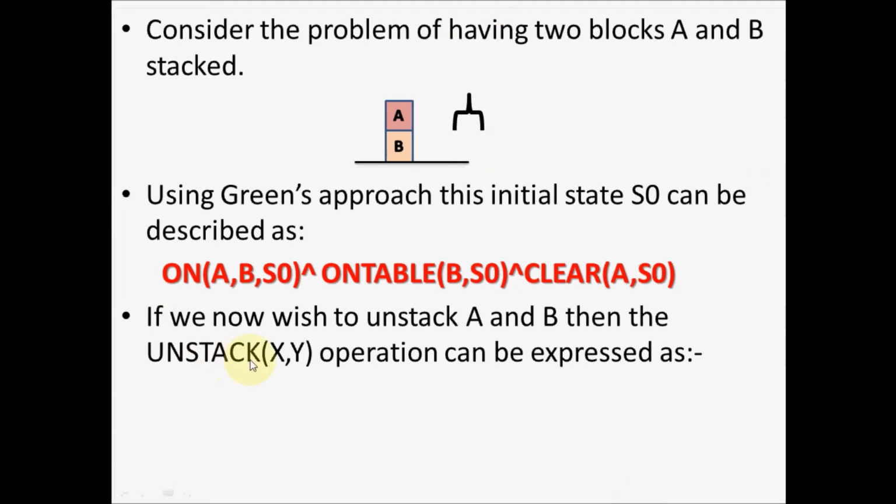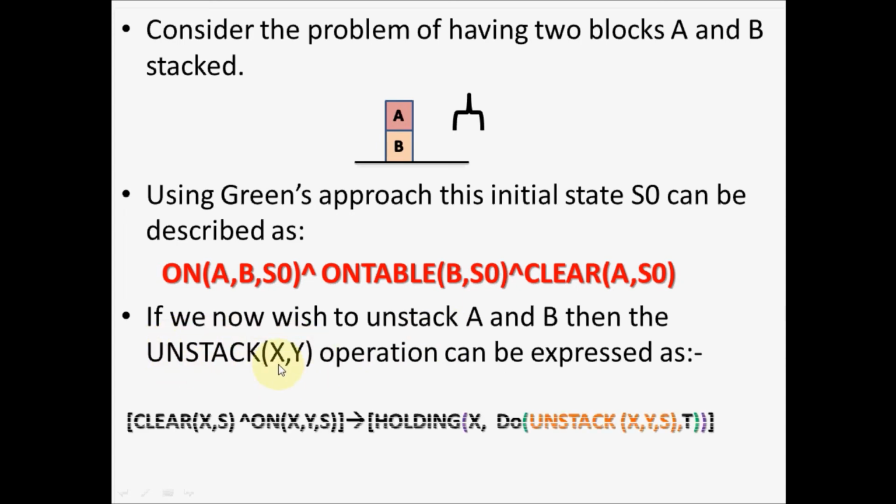Example, unstack x comma y. Now x and y are general variables. At any point of time, x can be A, x can be B and so on. So the unstack operation can be represented using Green's approach like this. Let me tell you what this means.